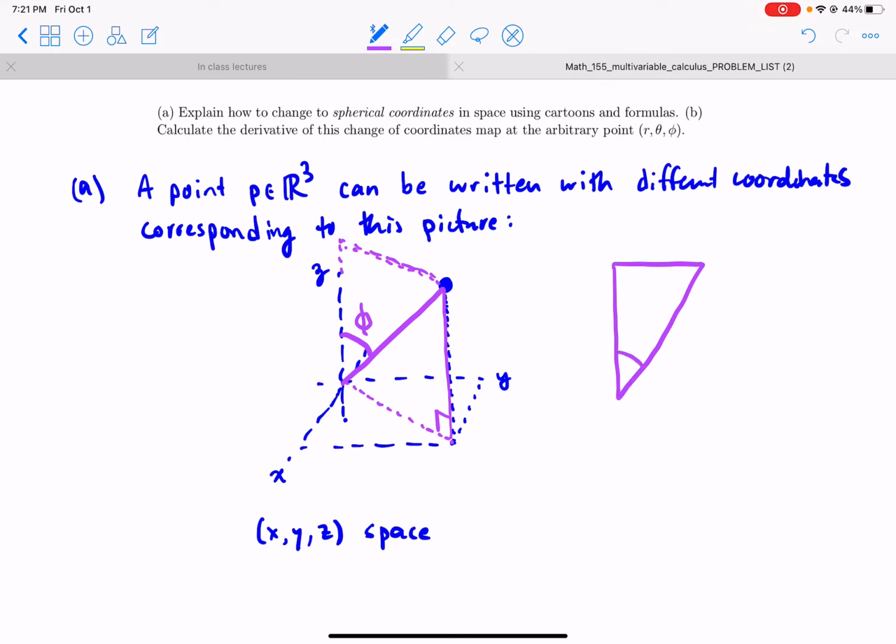This phi, and this height here is this distance. So this hypotenuse is going to be called rho. It's a Greek letter, sort of like the radius. And now this is rho cos phi, whereas this one is length rho sine phi.